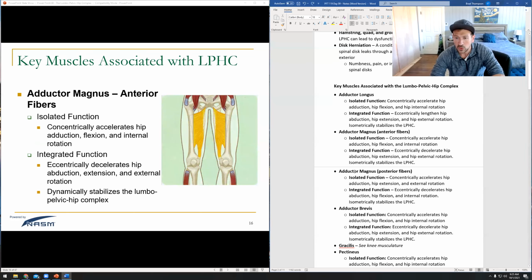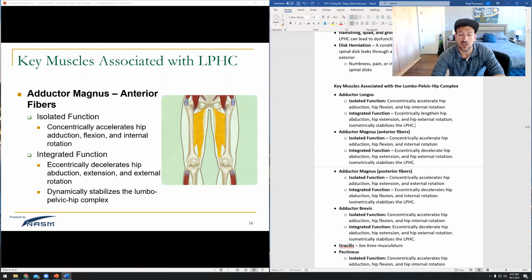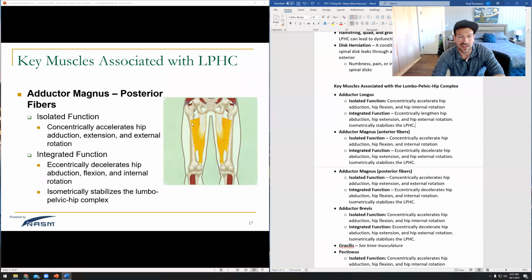Then we've got your adductor magnus. NASM keeps changing how they label this, whether or not they want to separate them. But this is very similar to the biceps femoris. There are the adductor magnus anterior fibers and the adductor magnus posterior fibers.